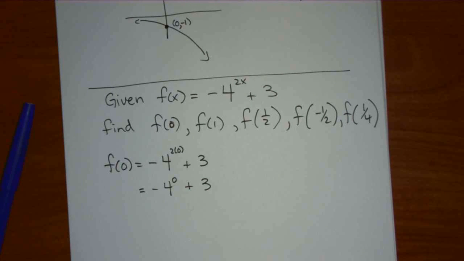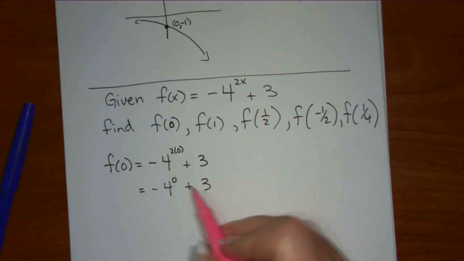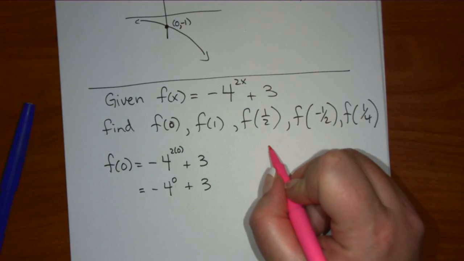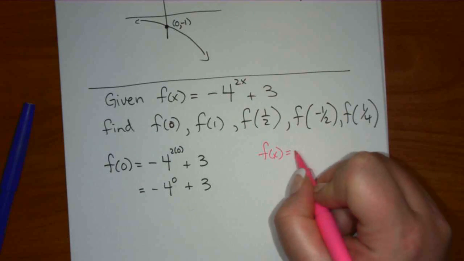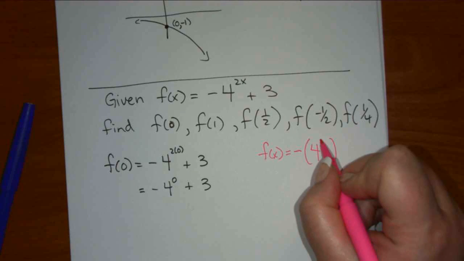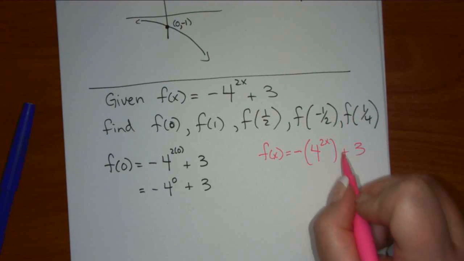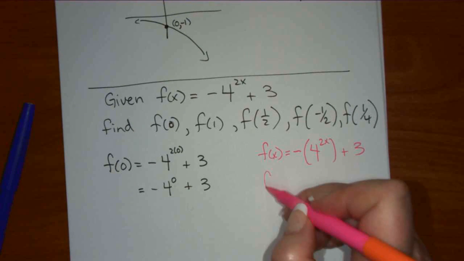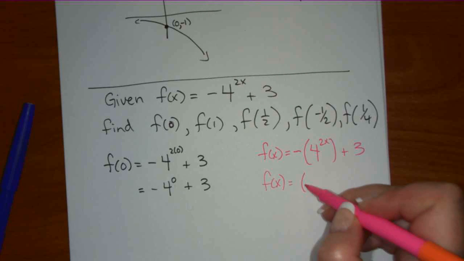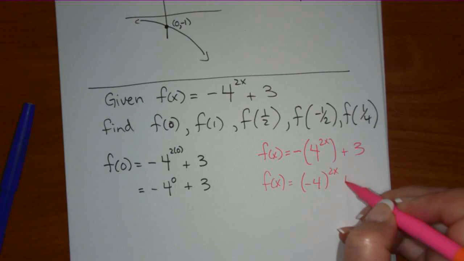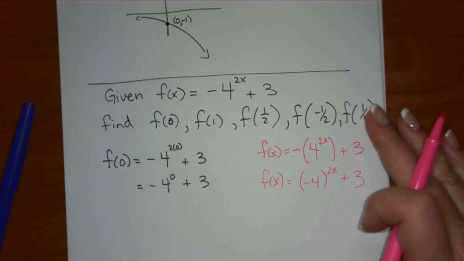Now that minus sign is not in the bracket to the power 0. f of x here is minus and then 4 to the 2x plus 3. That's how it is. It is not like this. Okay, I want you to see the difference.